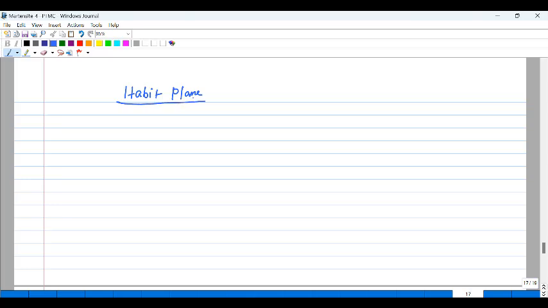Now there is something strange about the habit plane also, because it will come up with certain indices which look peculiar. For example, you can have a habit plane like 225 or 259, then 3, 10, 15.